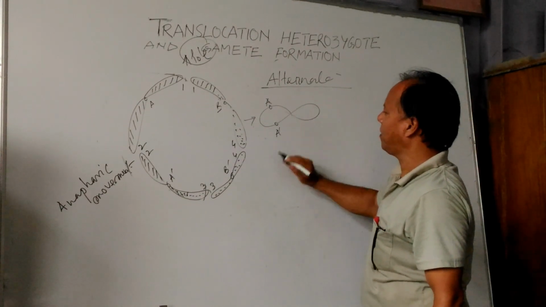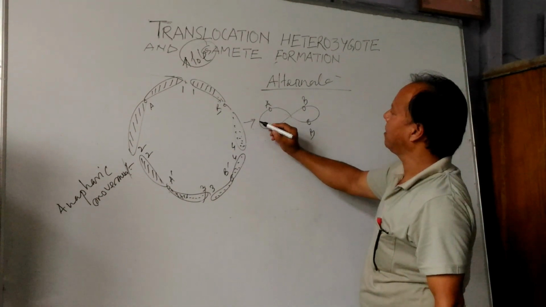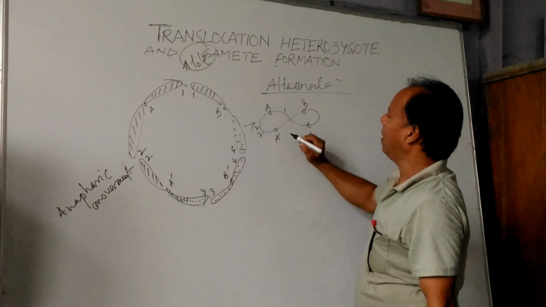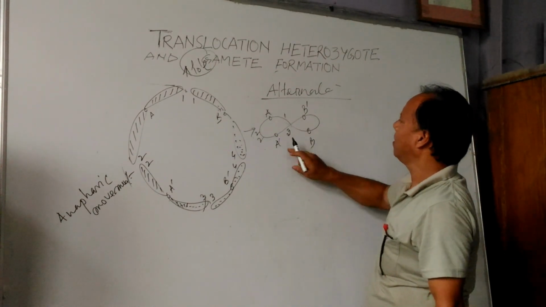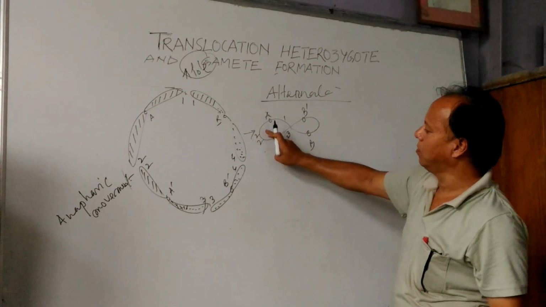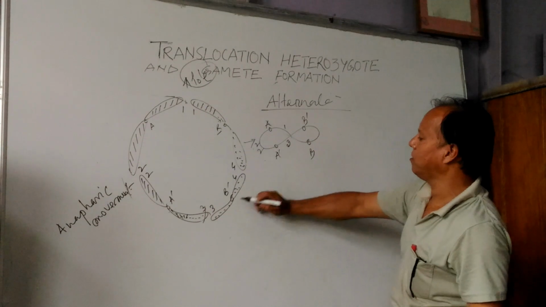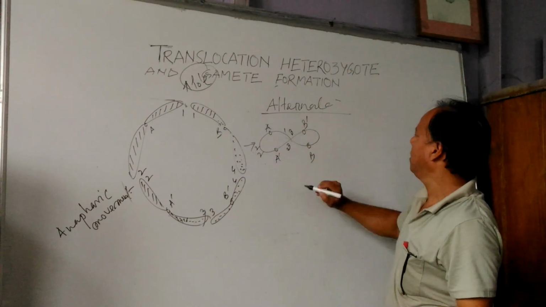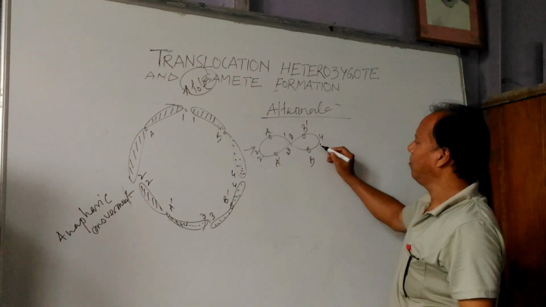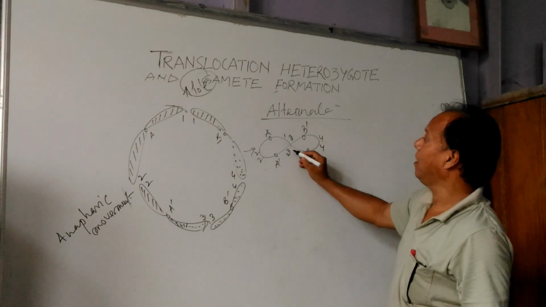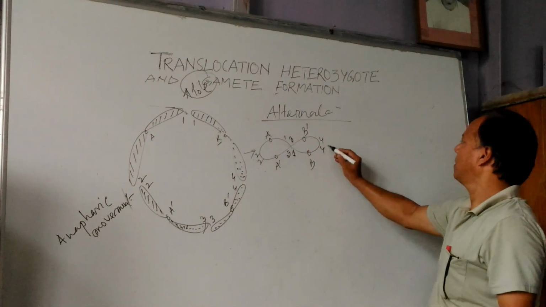On the left hand side, the two chromosomes having A and A prime centromeres are involved, and on the right hand side, the chromosomes are twisted. The lower chromosome is now at the upper side and the upper chromosome is now at the lower side to make the 8-like configuration, having the respective centromeres and genes. So these are the respective genes and they are arranged in this manner in the 8.